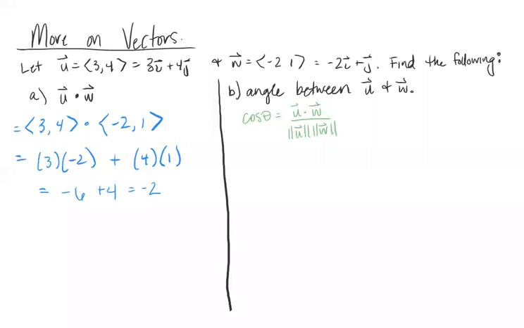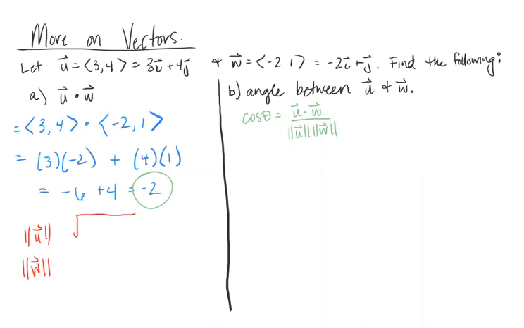We already found the dot product, that's negative 2. So I'm going to come over here and find the magnitude of u and the magnitude of w.